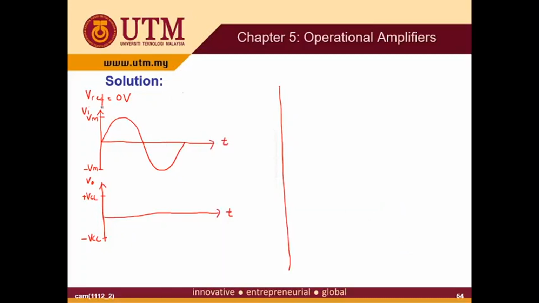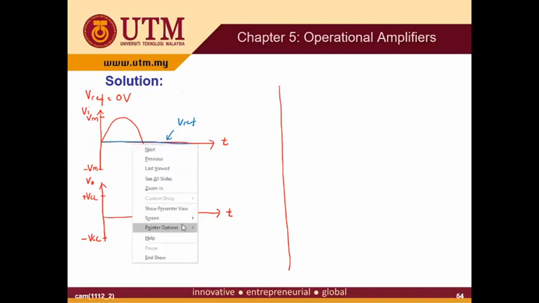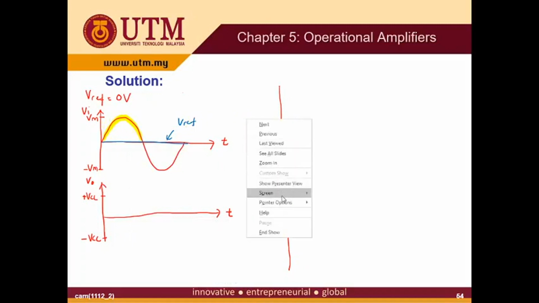Okay, so let's say the reference point is 0. So this is the V reference. You can see here, this is where your V in is larger than V reference.